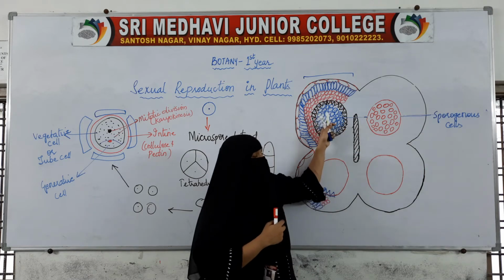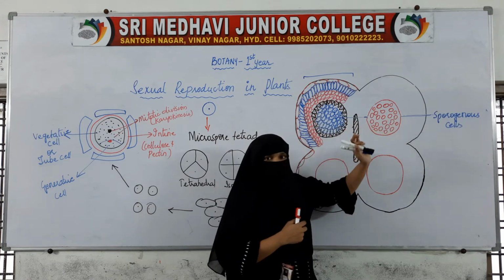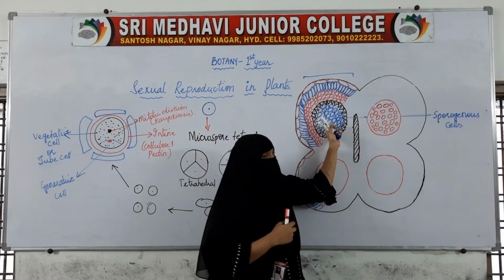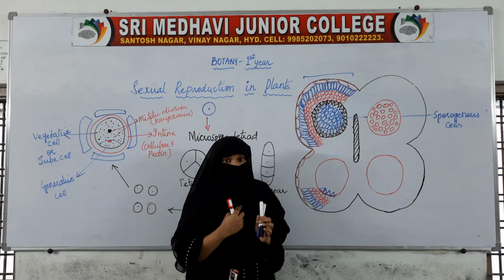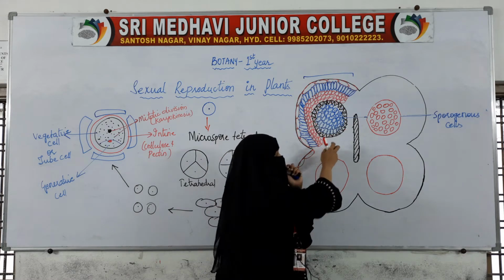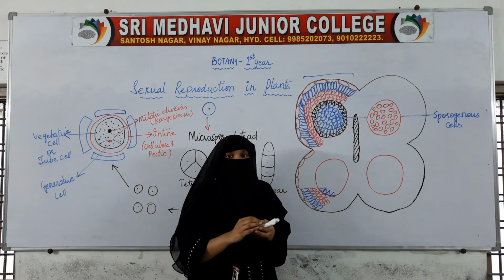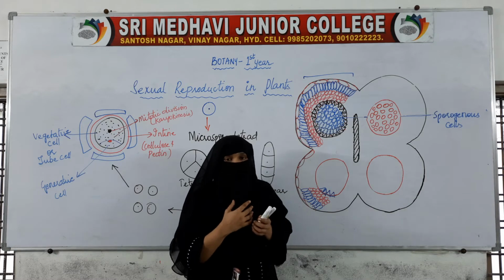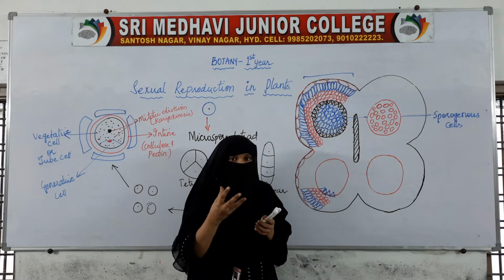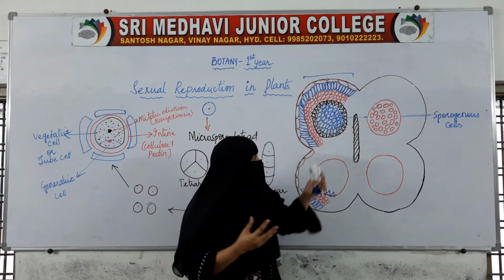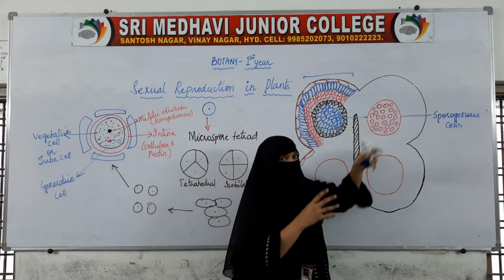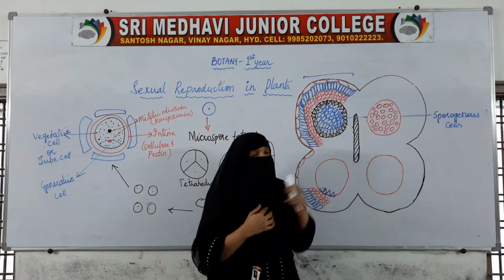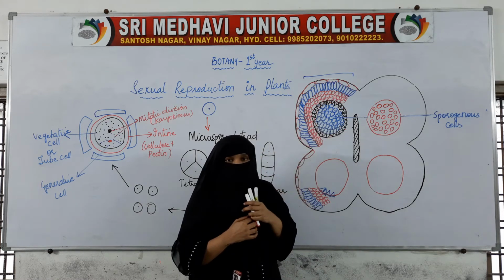So these are also sporogenous cells only, but earlier they were compactly arranged and now they are loosely arranged. Why this difference in the arrangement? Because the microsporangium has grown in size. The anther is slowly maturing, and the size of the microsporangium has increased, which led to the loosening of the compactly arranged cells.